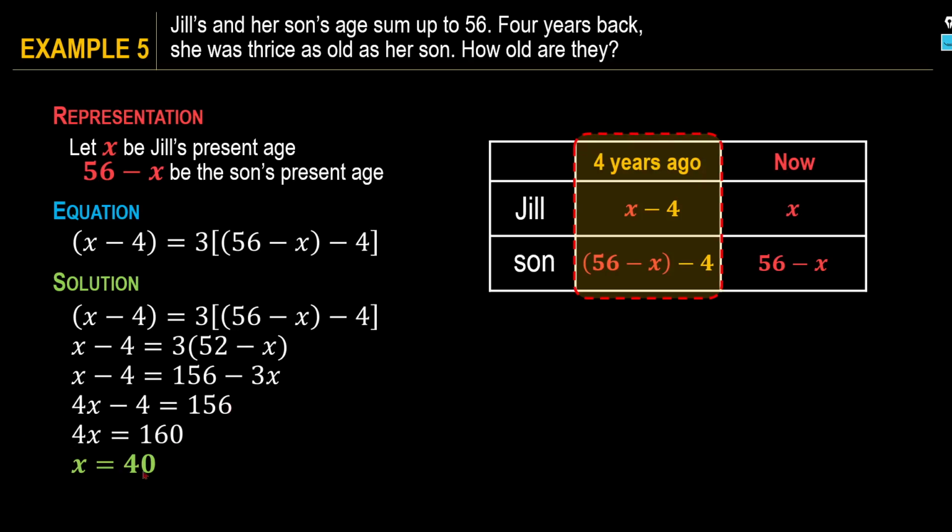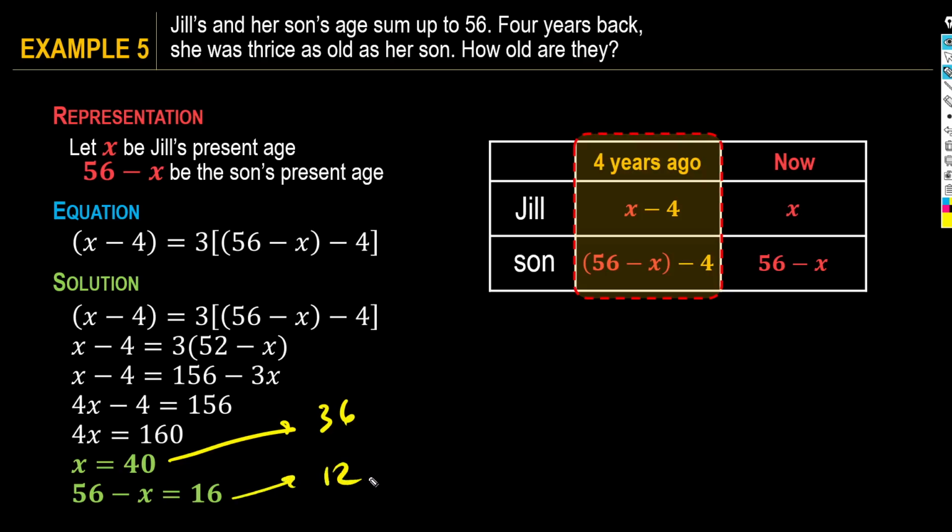Do you stop there? No, sir. Kasi ang tanong, how old are they? Dalawa yan. So, kunin ko rin 56 minus x to be 16. Again, you can test that. If Jill is now 40, how old was she 4 years ago? Minus 4 mo yan, 36. How old was her son 4 years ago? 12.